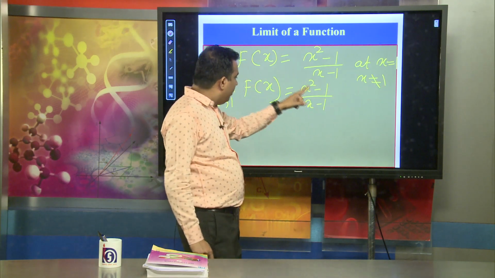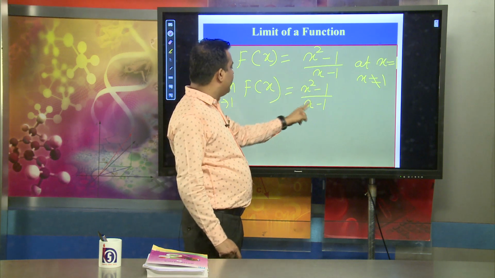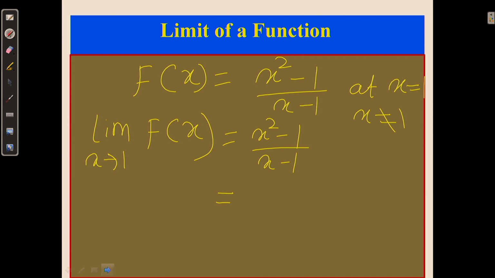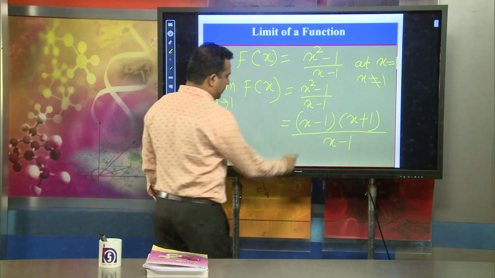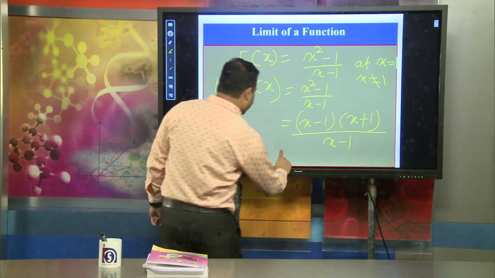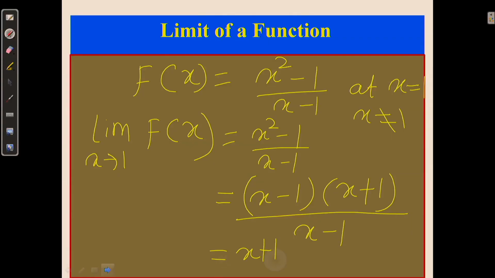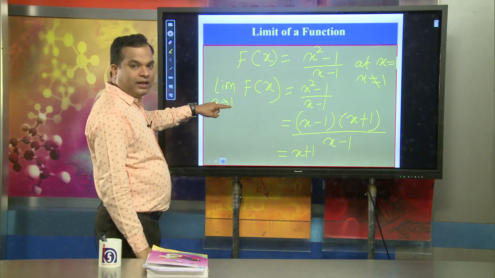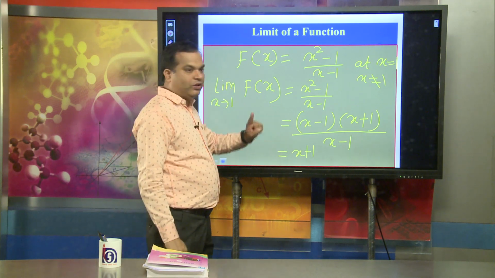Now, x square minus 1 is of the form a square minus b square. By putting that formula, we get x minus 1 into x plus 1, divided by x minus 1. Now x minus 1 will cancel, and the result will be x plus 1. That means f of x equals x plus 1.